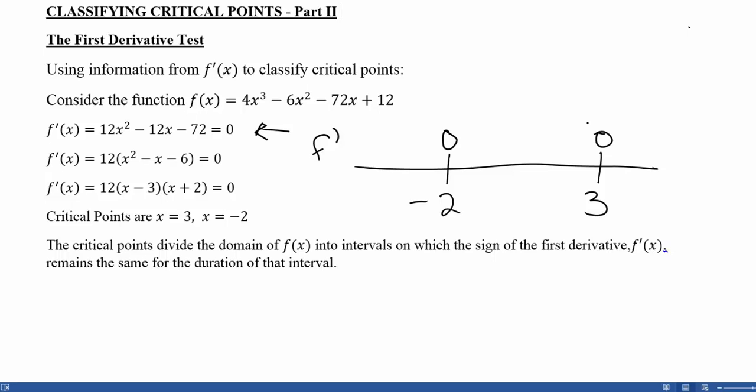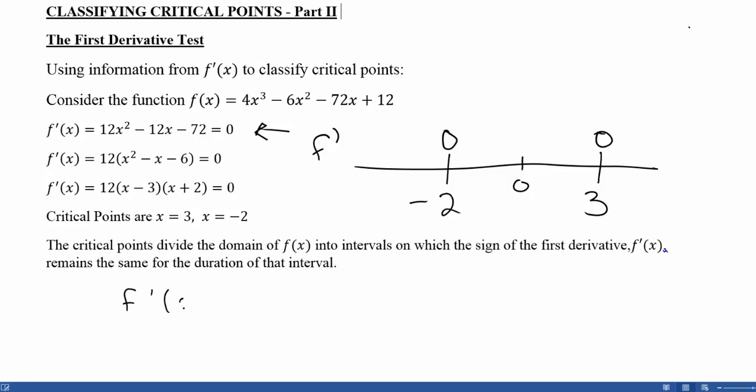So the way we can do this is we can find any number between negative 2 and 3 to test in our first derivative to see if the first derivative is negative or positive. A number that's between negative 2 and 3 is 0. I can pick any number between negative 2 and 3, but 0 is generally a convenient number to test.